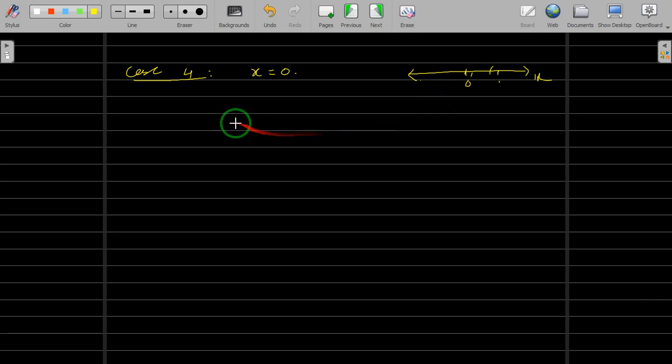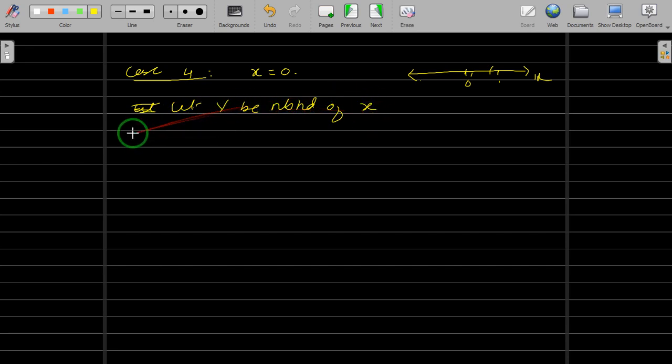So if alpha equals 0, then let us take V to be a neighborhood of x.